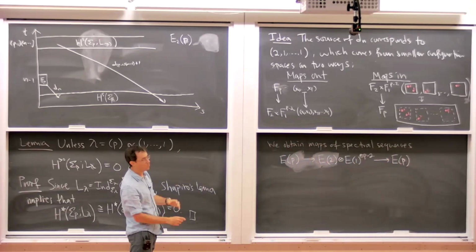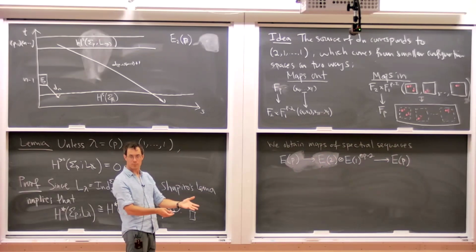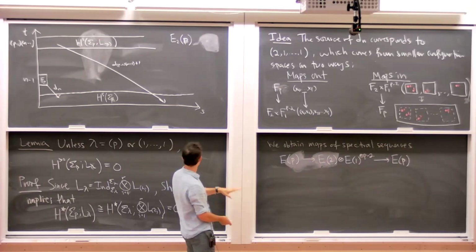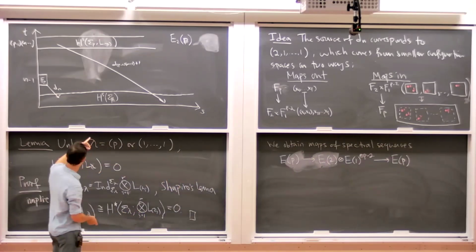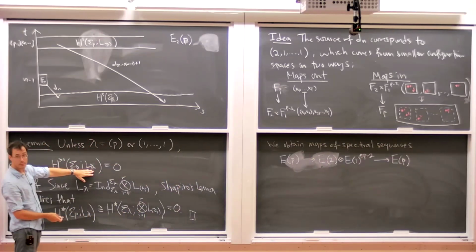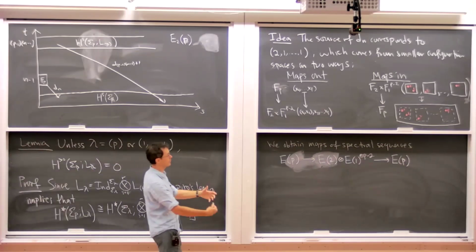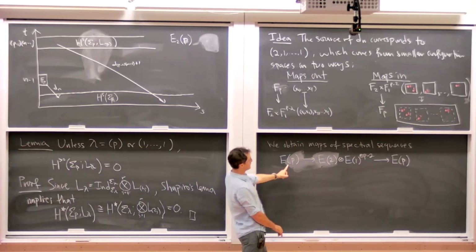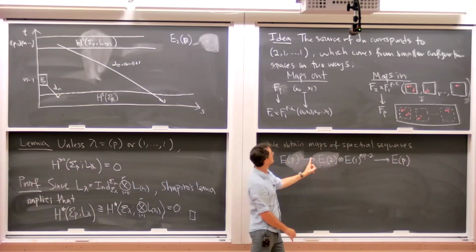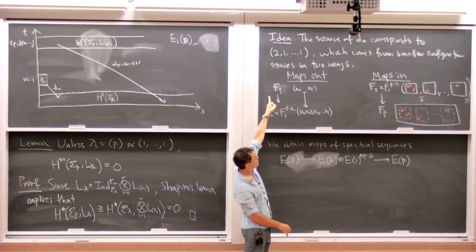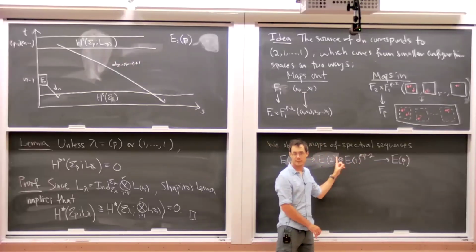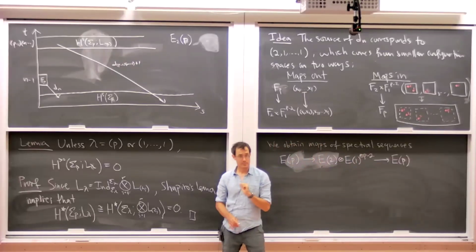And what we can check, with only the information that we already have, based on how we constructed these modules corresponding to partitions and the cohomology, is that this composition, because we're looking at the partition 2, 1, 1, 1, 1, 1, 1, 1, is actually an isomorphism on that spot in the spectral sequence.